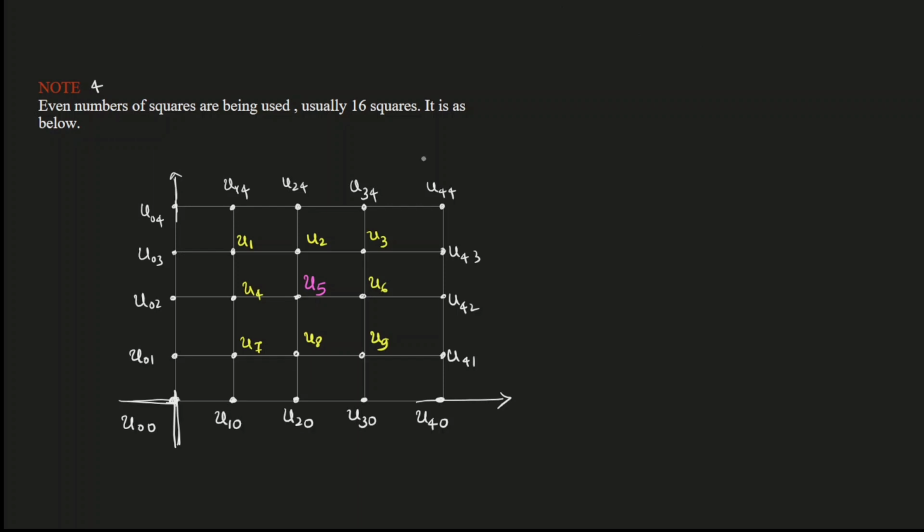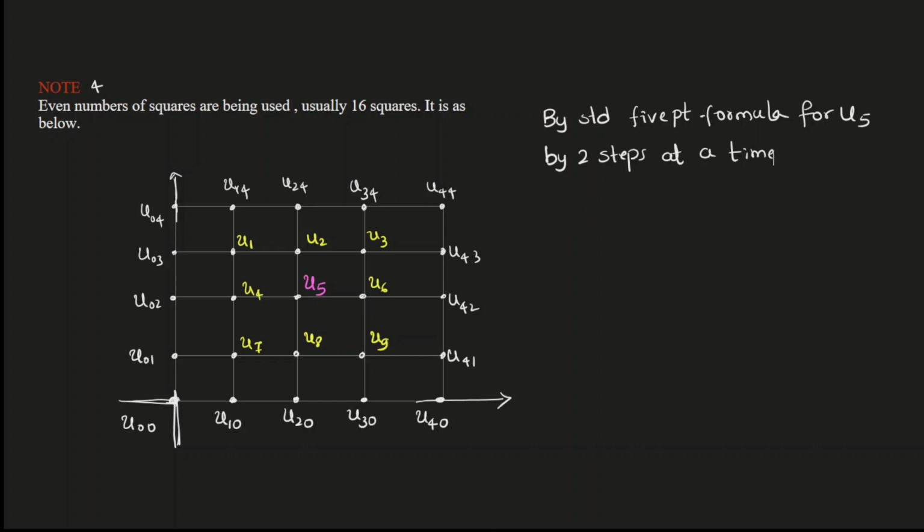Especially for 16 squares, for the middle value u5 using the standard 5-point formula, by considering the 2 steps at a time, we'll write the values.